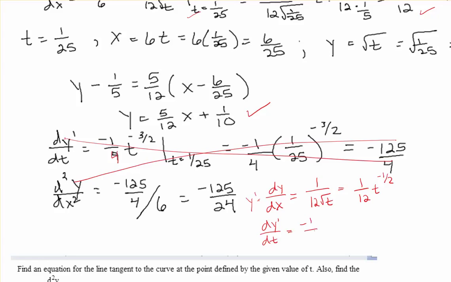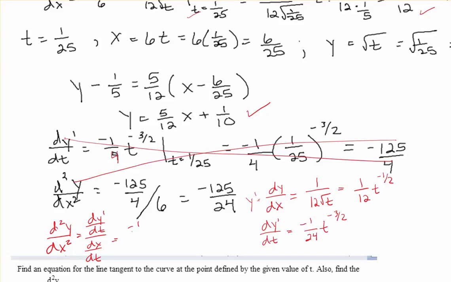That's going to be negative 1/24 t to the negative 1/2 minus 1, which is negative 3/2. And then to find the second derivative, I'll come over here. It is defined as that dy prime/dt divided by dx/dt.